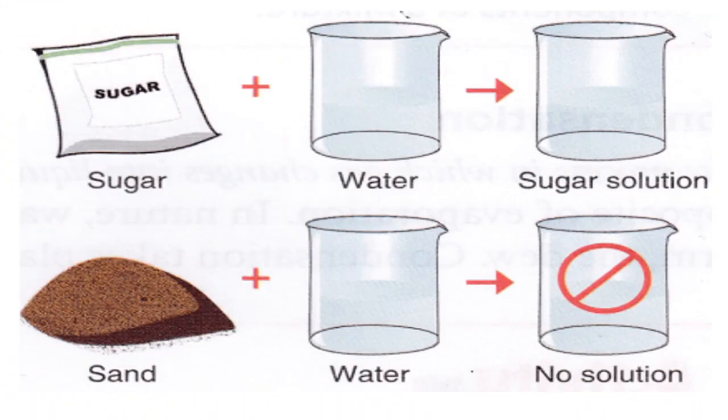Let's understand it with the help of diagram. Sugar, when mixed with water, will get sugar solution. However, if we pour sand in water, it will not dissolve or disappear completely. Hence, we will not obtain any solution.